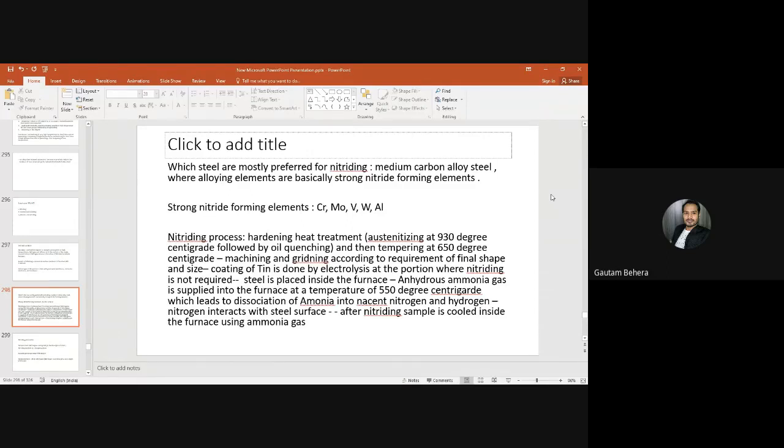Those alloying elements are aluminum, one of the strongest nitride formers, chromium, vanadium, tungsten, and molybdenum. These should be present in the medium carbon steels so that you can form a strong nitride on the surface.